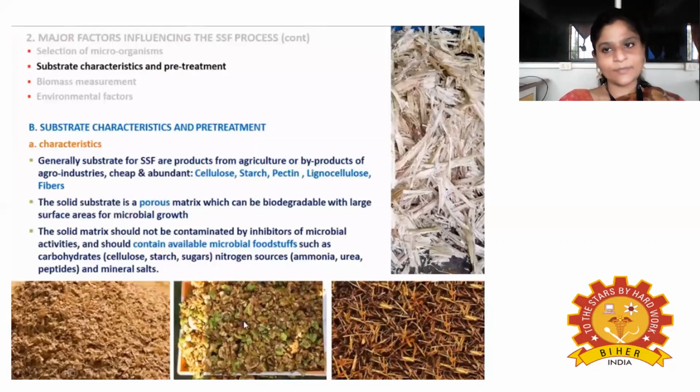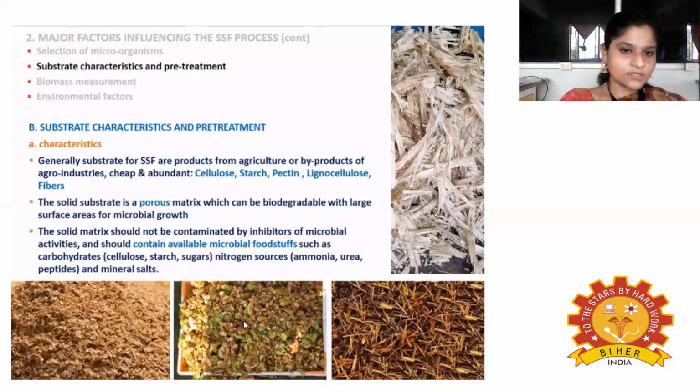Once it can easily penetrate, it will be easy for the microorganism to utilize the nutrients present in it. Correct. So with all these criteria, fungi is considered one major microorganism that can be used for solid state fermentation. Correct.